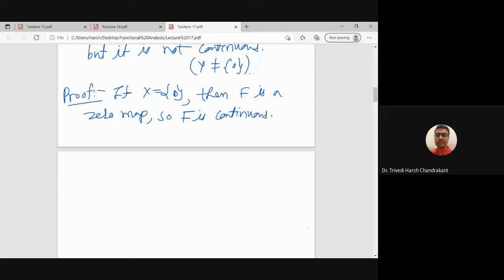So that is a constant function and that is always continuous. This is a trivial case, but in the non-trivial case, we are discussing the first part. Suppose X is a non-zero finite dimensional vector space with dimension m.